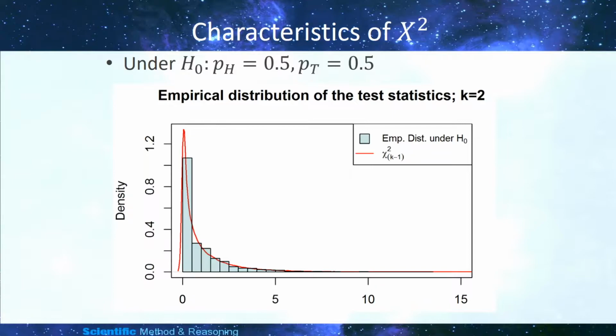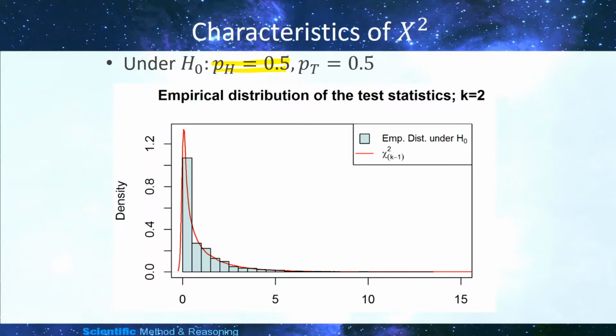In the first trial, we generate the data under the null hypothesis, and then we plot the histogram of the 10,000 test statistics, and we end up with this empirical distribution. As mentioned earlier, the chi-square statistic is known to follow a chi-square distribution.